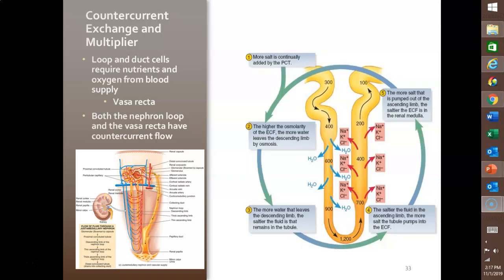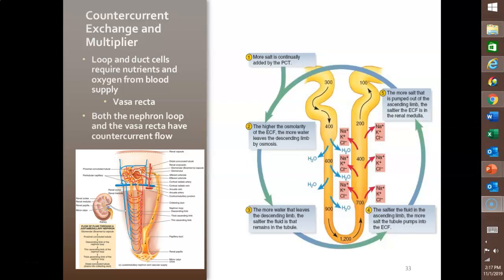This is called countercurrent flow. Now the vasa recta is going to take blood out and bring blood back. So in a long, straight structure, as you see here, the blood is going to be flowing down one side and up the other. That is also a countercurrent flow.